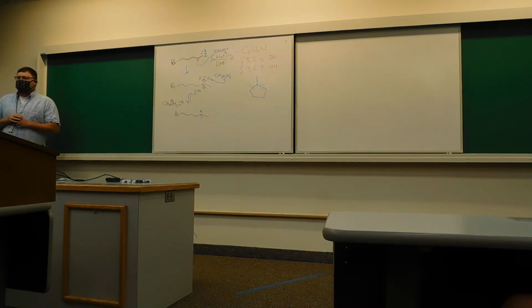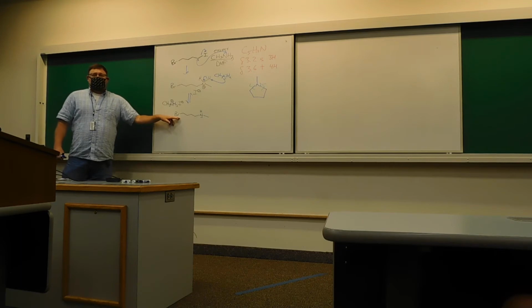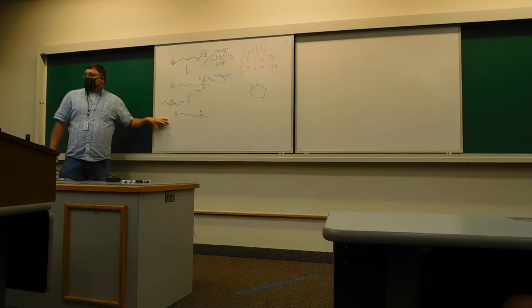All right, so what's the next arrow? Why does it leave? Oh, because the base is going to come in and kick it out? Yeah. All right, so again, bromide's on a primary carbon here, right? So it's not going to be an SN1 reaction.